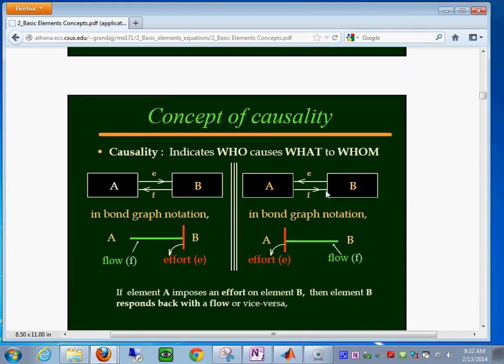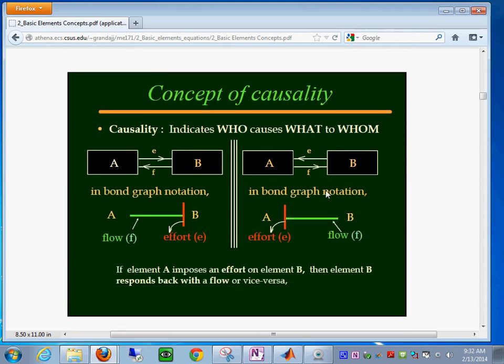Okay, now it comes to this concept that we talked about, and I want to emphasize this again. On the top, we have the representation of this using a block diagram.